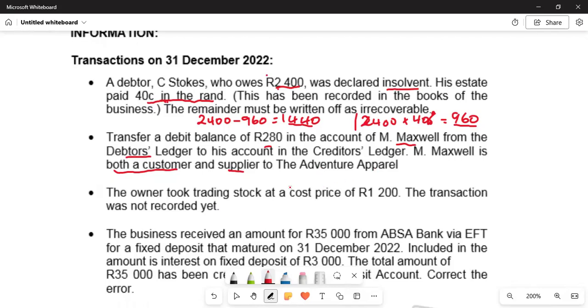So it means we are going to have M. Maxwell as a creditor, and then again as a debtor. We are going to debit him as a creditor, and credit him as our debtor. So we are going to record it this way.